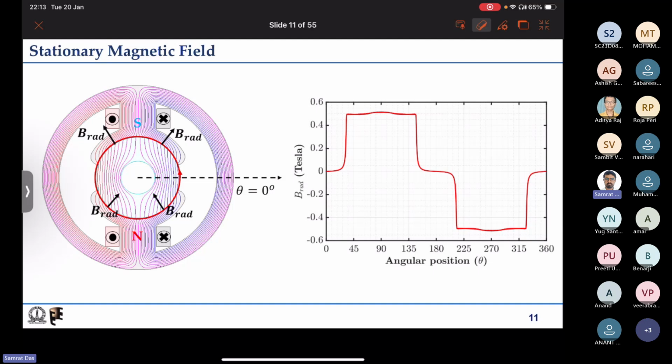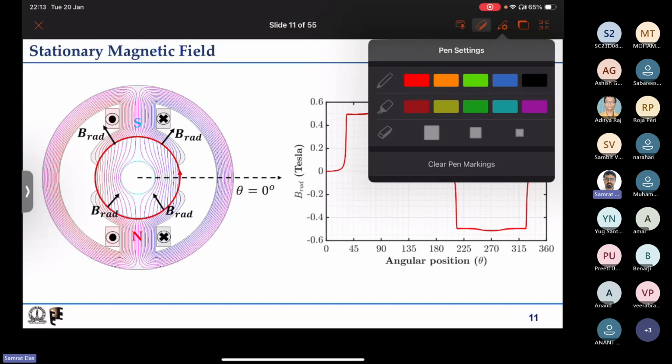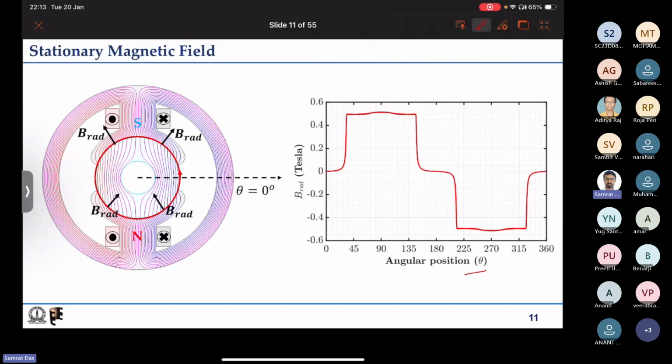No, no, no, it's the same thing. It's along the angular position. So it is positive under the south pole, and it's negative under the north pole. So where this is 270 degree theta, 270 degree theta means this position.